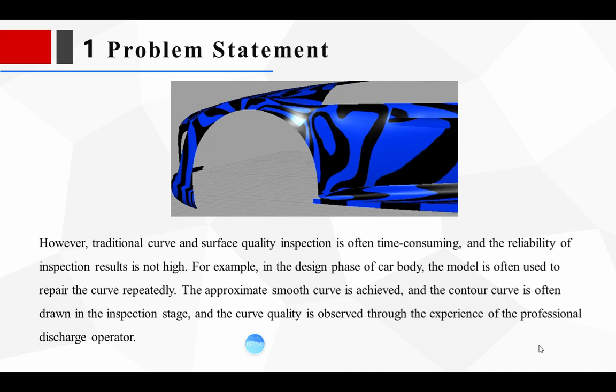An approximately smooth curve is achieved, and the contour curve is often drawn in the inspection stage, and the curve quality is observed through the experience of the professional operator.